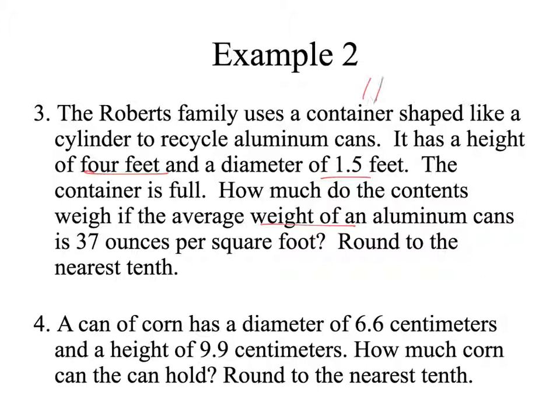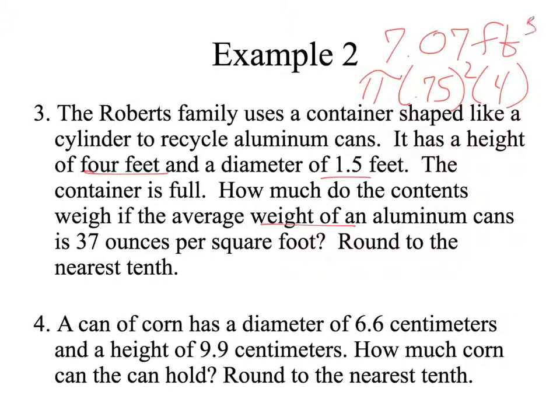So we're going to do pi times 0.75 squared times 4. And I'm getting my volume of 7.07 feet cubed.